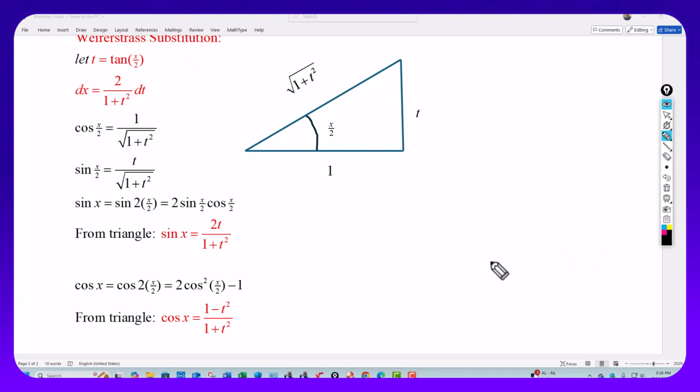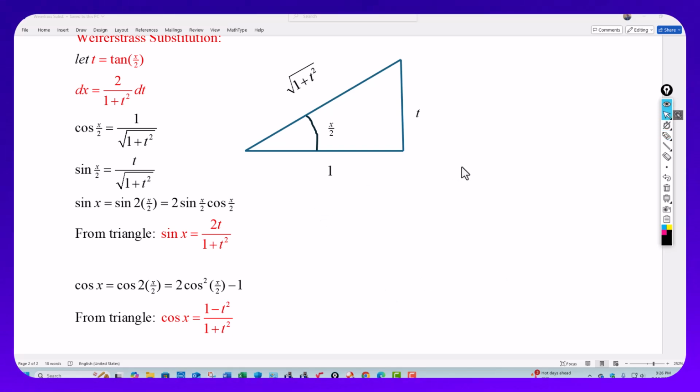Now, if the instructions don't tell you to use this kind of substitution, then I would just solve it the usual way. Just the standard U substitution work. If it does, go ahead and use it. Or maybe using a trig identity will simplify the integral to something that's easier to evaluate.